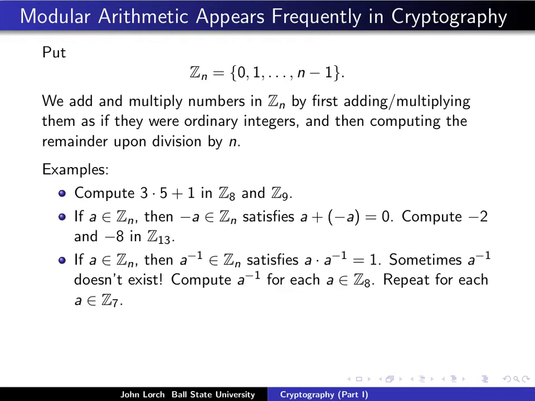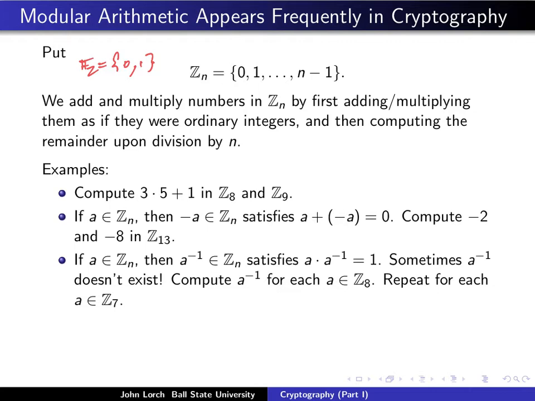You might remember from the linear code material that all of the arithmetic was based on this finite arithmetic on the set F2 consisting of just 0 and 1, right? So we could add 0 to itself to get 0, 0 plus 1 and 1 plus 0 are both equal to 1, and then 1 plus 1 is equal to 0. And similarly, we had a multiplication operation.